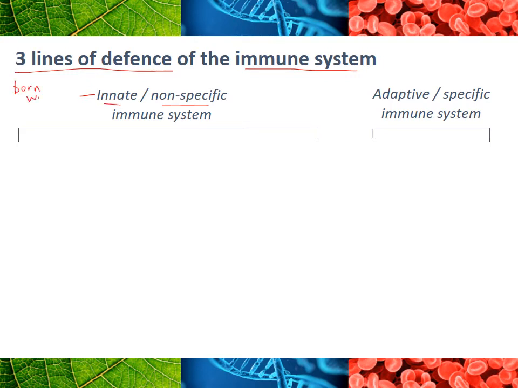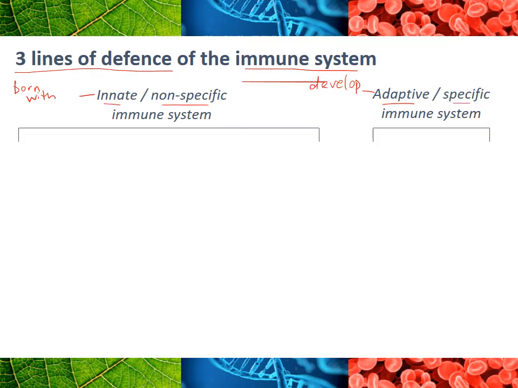Okay, so you might hear someone say someone's got an innate sense of style, and it's basically saying they're born that way. So innate is something you're born with. You don't have to develop it, and it is non-specific. Then there is also the adaptive, so something that has to develop, or specific immune system.